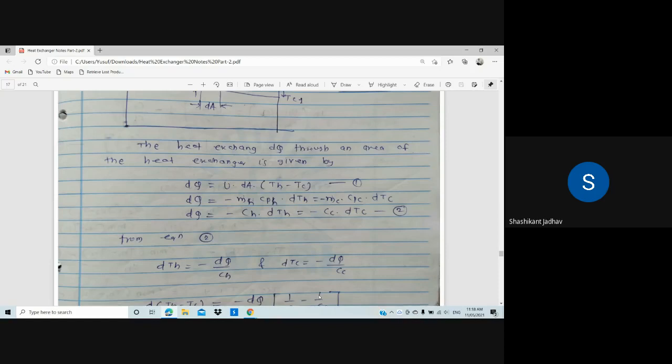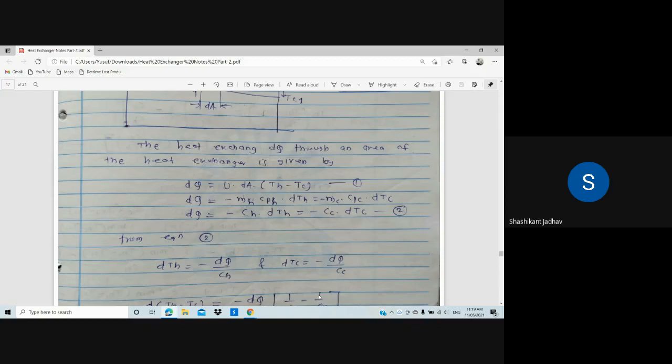dq is equal to minus m dot h into cph into dTh is equal to minus m dot c into cpc into dTc. And as we know that the product of mass flow rate and specific heat is the heat capacity. Okay, so instead of m dot h and cph we write capital Ch, which is nothing but the heat capacity of the hot fluid. And similarly, instead of m dot c into cpc, we put Cc, that is the heat capacity of the cold fluid.